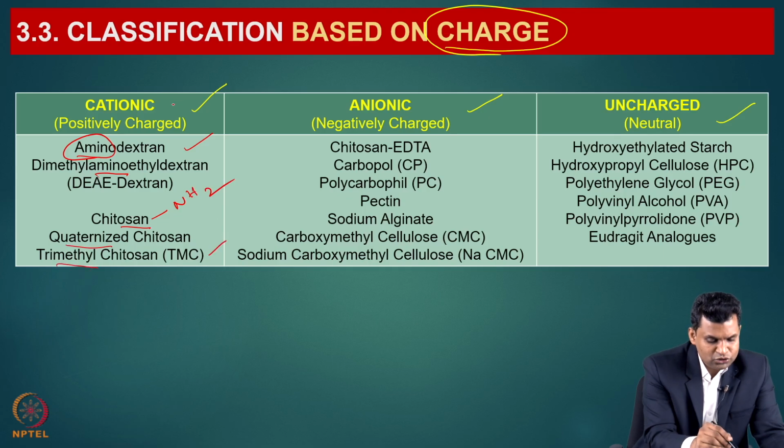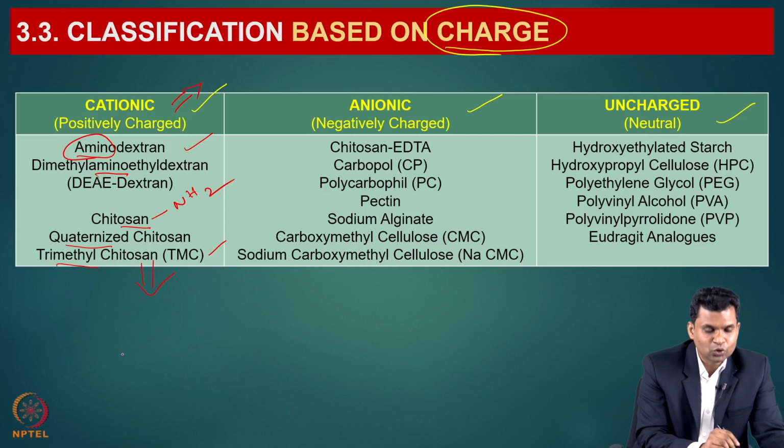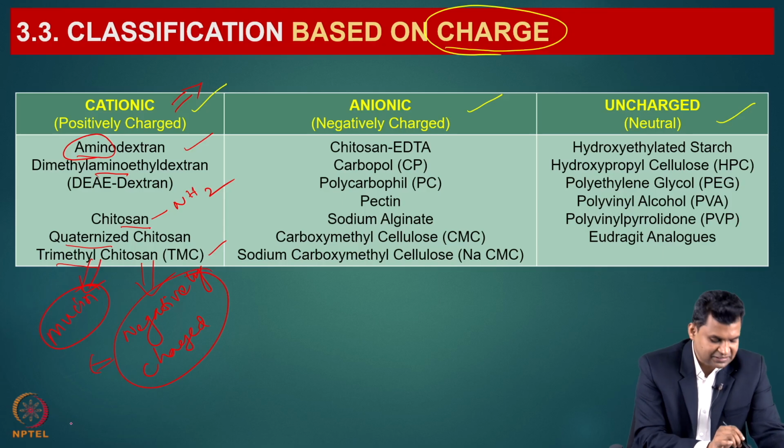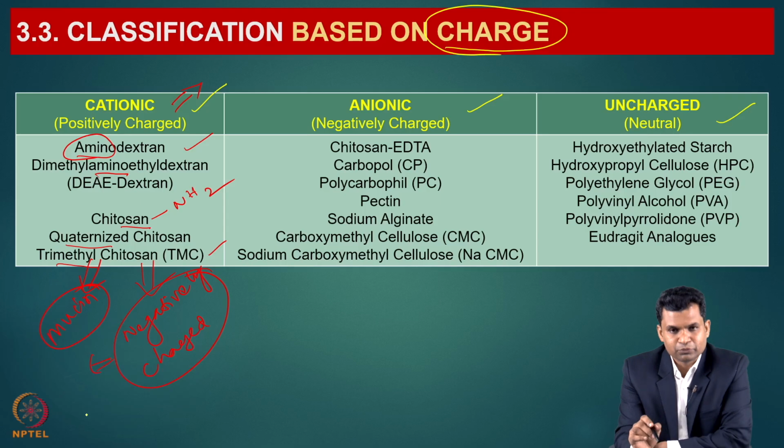So, these are most commonly used in drug delivery, especially when you want to complex with any type of negatively charged molecules. So, this we will prefer. Another case is when you want to interact with the mucin, because it contains sialic acid; such a case also will help the interaction with the mucin.